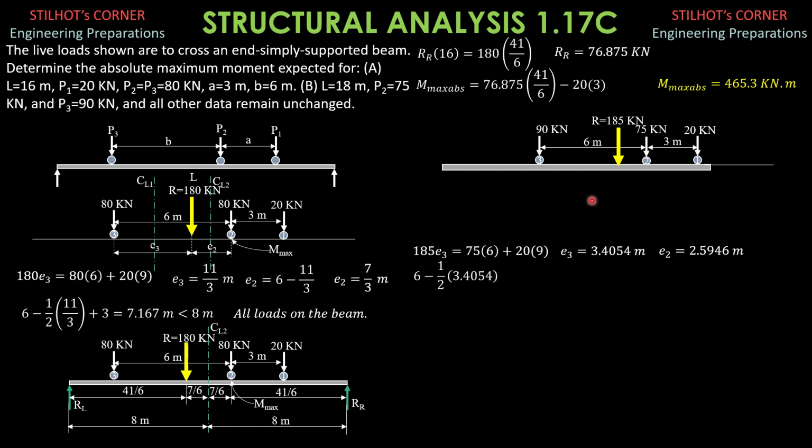So 6 minus 1 half of E sub 3 plus 3 is equal to 7.2973 meters, which is less than 9 meters, which is half the length 18, because we're going to locate the 20 kilonewton load. Since the distance of the 20 kilonewton load from the center line of the beam, considering load 3 and this resultant here, is only 7.2973, less than 9, it means all the loads are on the beam when the maximum moment occurs under load 3.